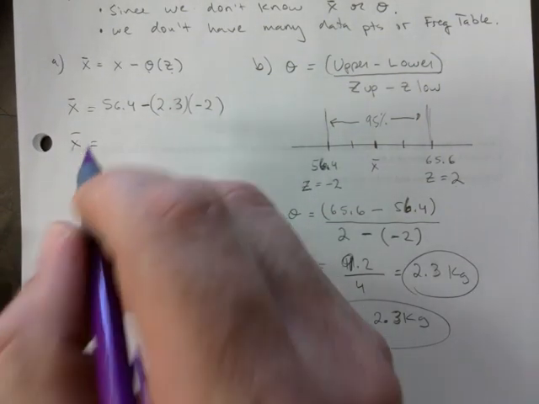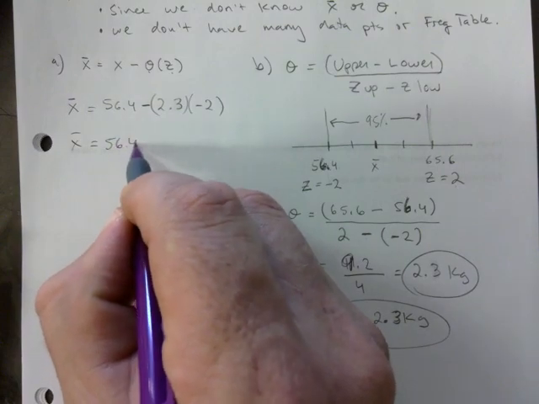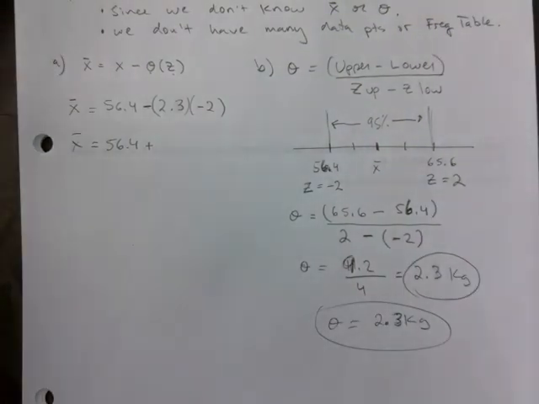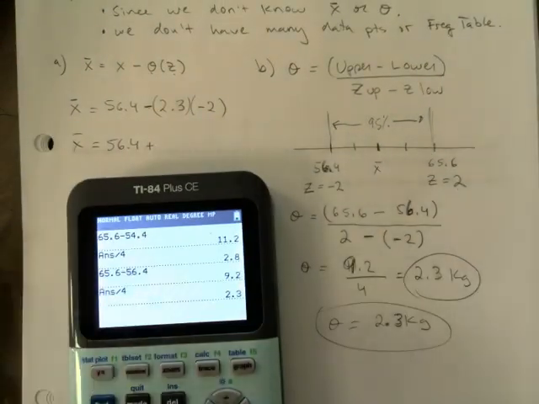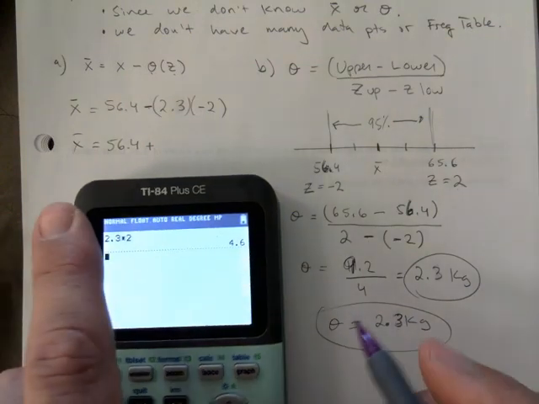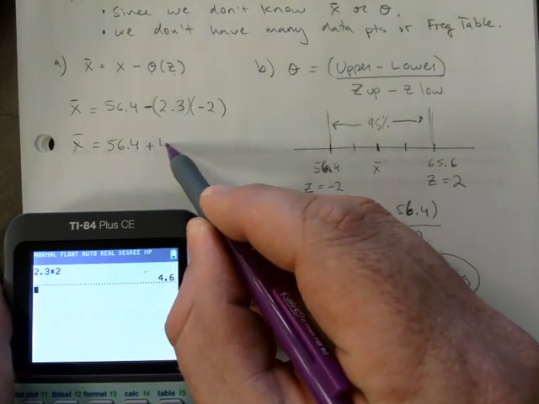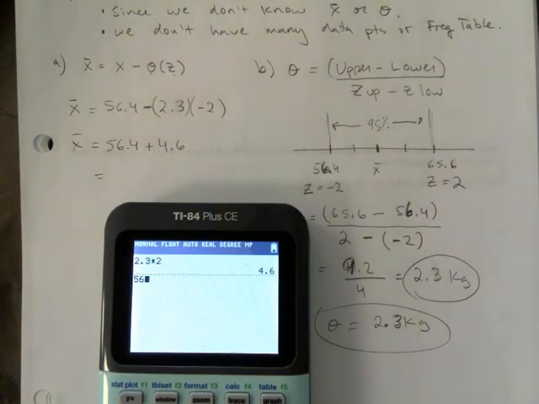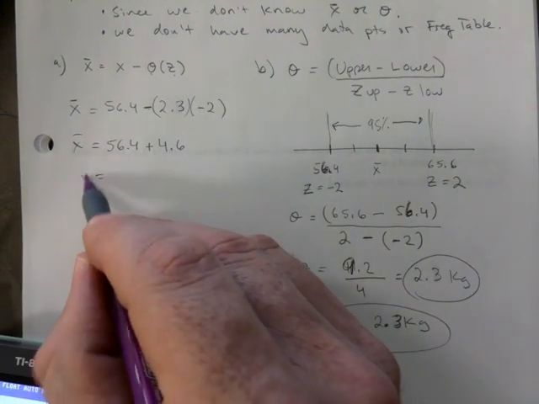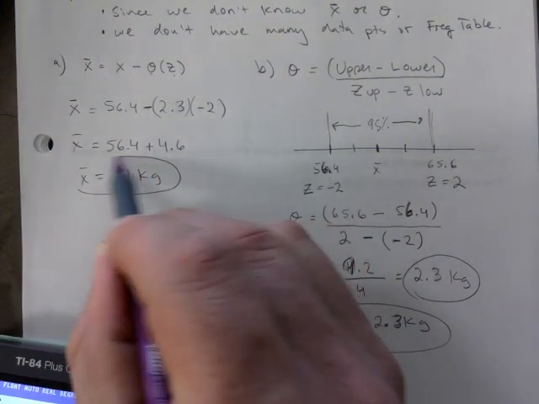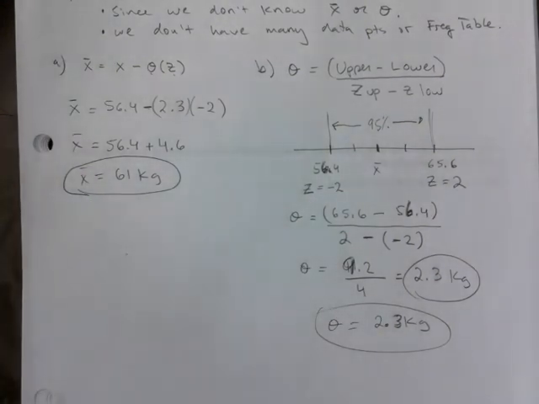So x bar is 56.4. And if you have a negative and a negative, that turns positive, right? Whether you do that on your calculator, that's what it ends up being. So 56.4 plus 4.6, that's 61 kilograms. That is the average of this set.